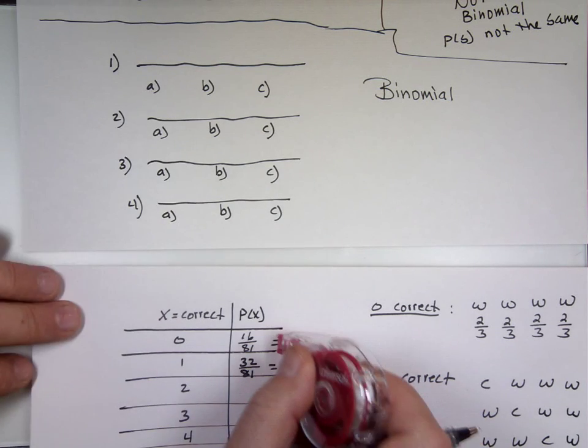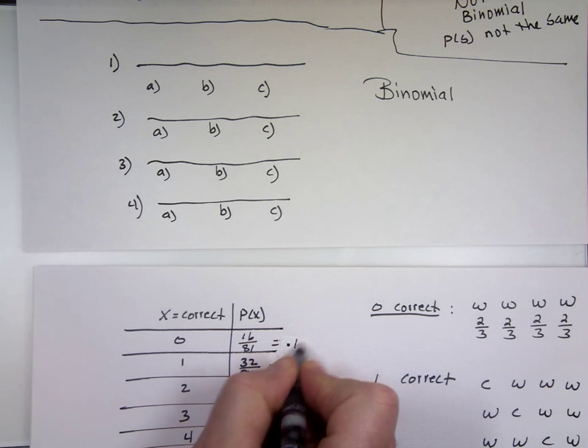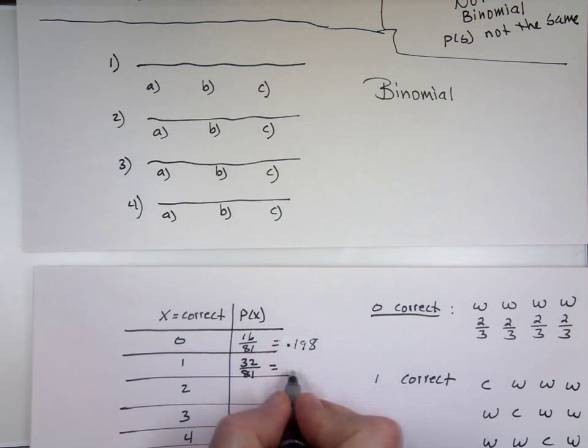I'll go to 3 decimal places, 0.198 here. So what's 32 over 81? What'd you get there? 0.395? Yep.